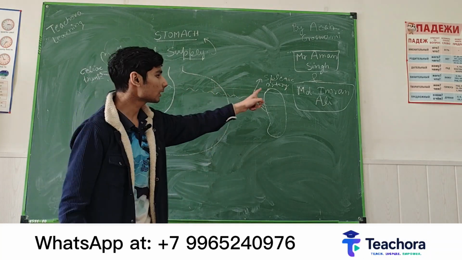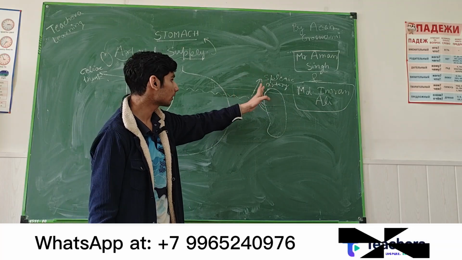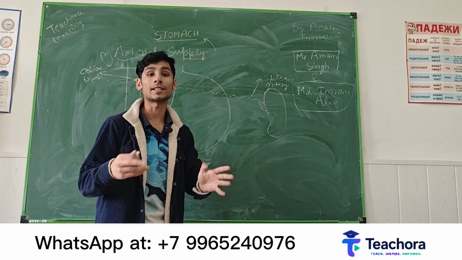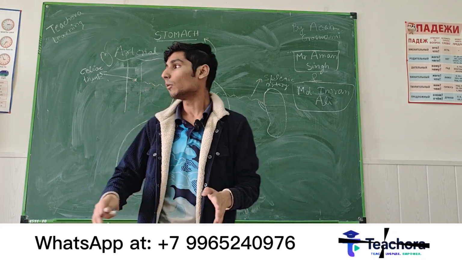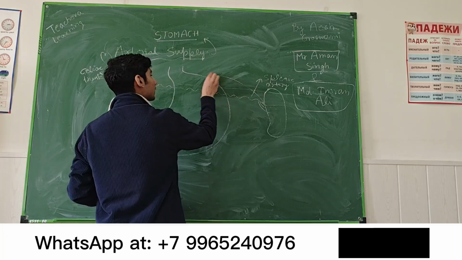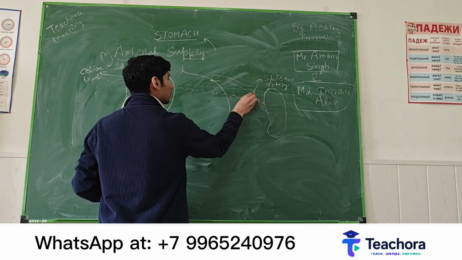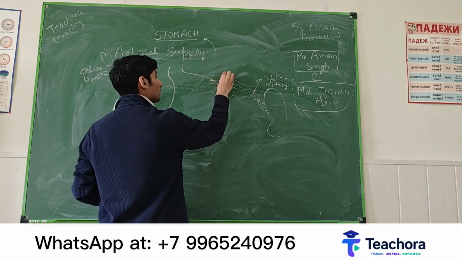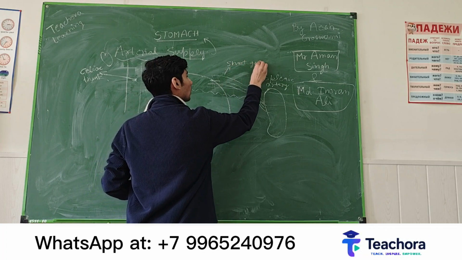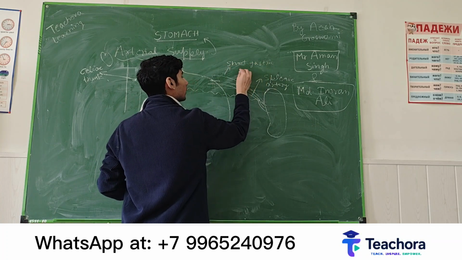From the splenic artery there are also branches going there, the short gastric branches. Gastric is the Latin word for stomach. There will be 4 to 7 short gastric branches that will supply the fundus of the stomach. So what is this? Short gastric arteries.